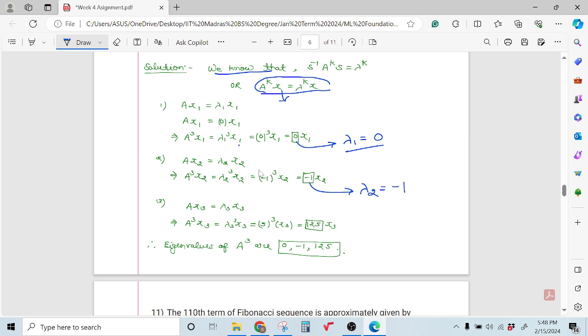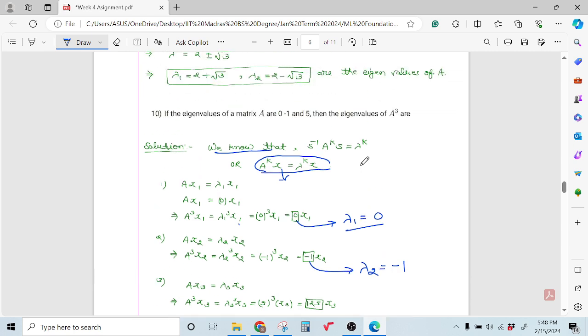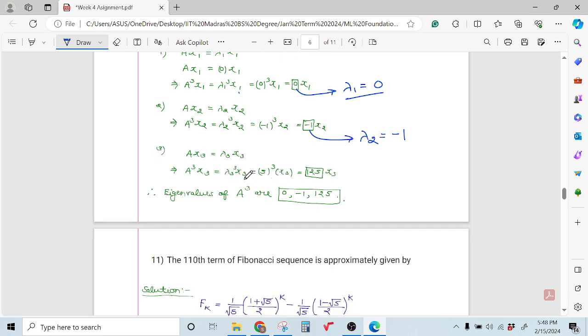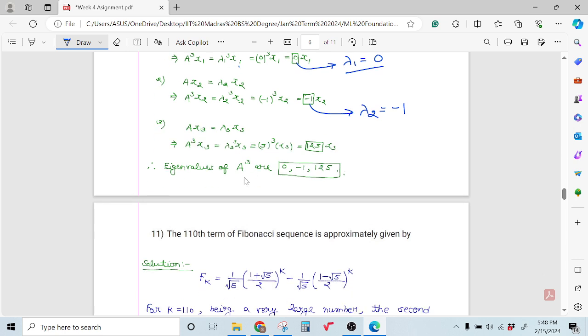Again we will solve for lambda is equal to 5. A cube x3 is equal to lambda 3 to the power cube x3, which is 5 to the power cube x3. So the value of lambda 3 for A cube is 125. Therefore the eigenvalues of A cube are 0, minus 1, 125.